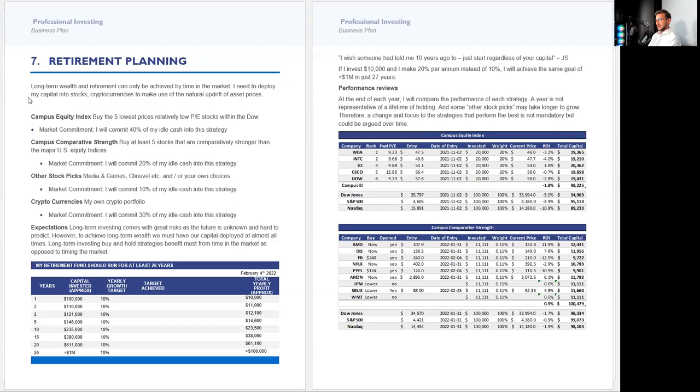Now, the idea of the strategies that we have here is really not to potentially make money every single year. In fact, my entire goal here is not to make money at all. What I'm focusing on is strategies that will allow all of us to outperform the markets in the long run.